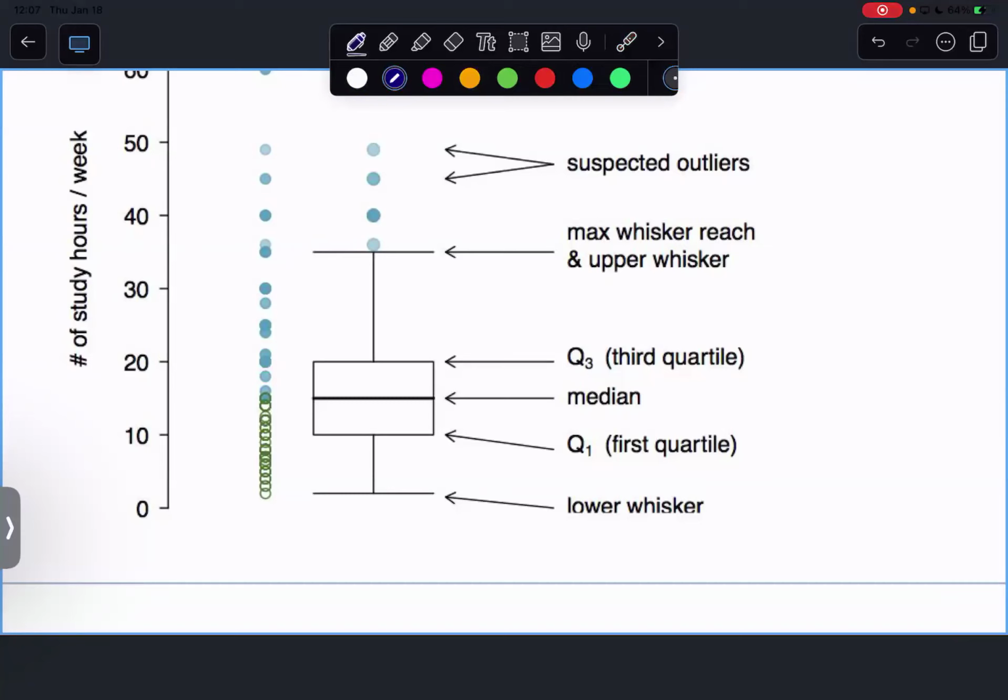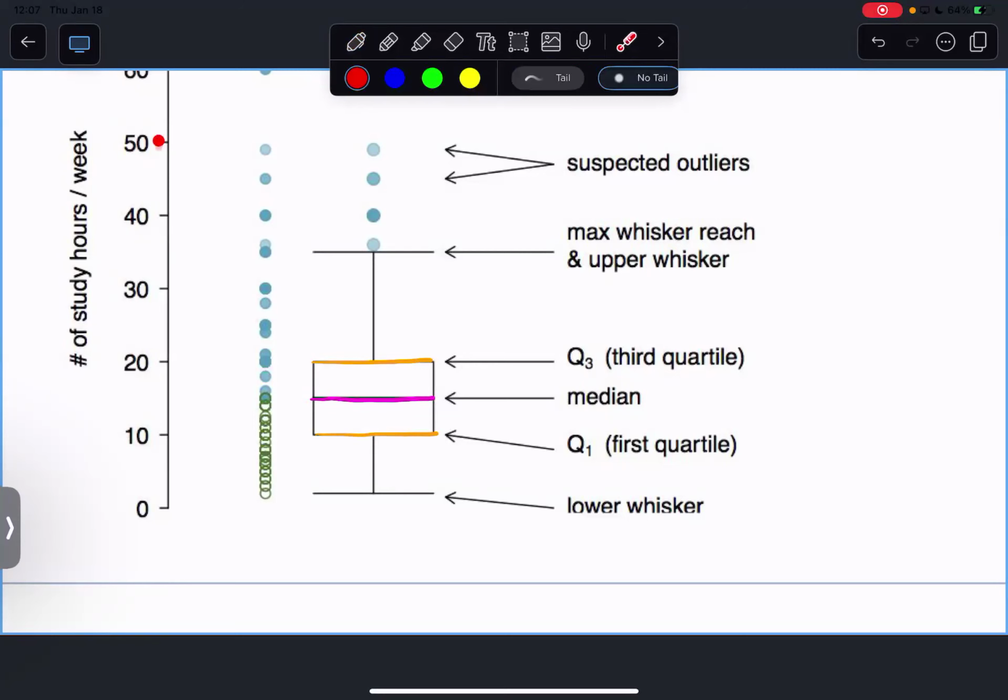So if you had to draw a box plot, now I don't do that because it's weird. We use software to generate box plots, right? But to read a box plot, the median is at the center. So there's going to be a center line, and that's the median. So you've got your median, and then you've got your quartiles.